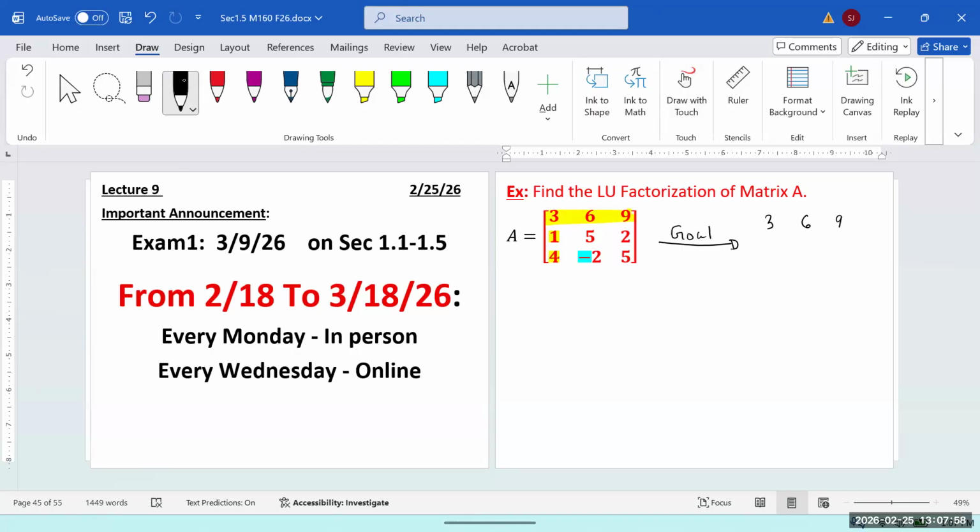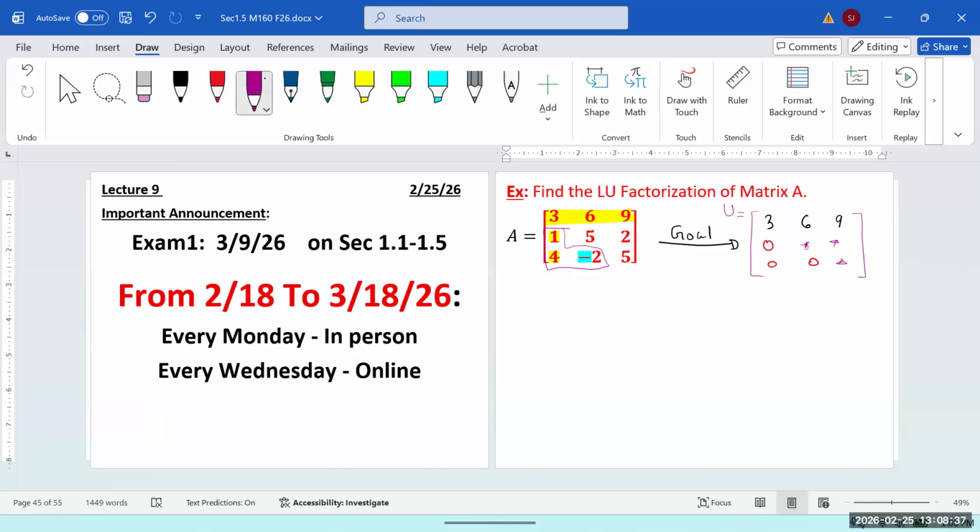Since it's an upper matrix, we want 0 below this, and 0 here. We don't know what we're going to get in the remaining positions. So our goal is to get rid of this 1 and 4 from the A matrix. In this process, whatever number you multiply by will tell us our lower matrix. So this is our upper matrix.